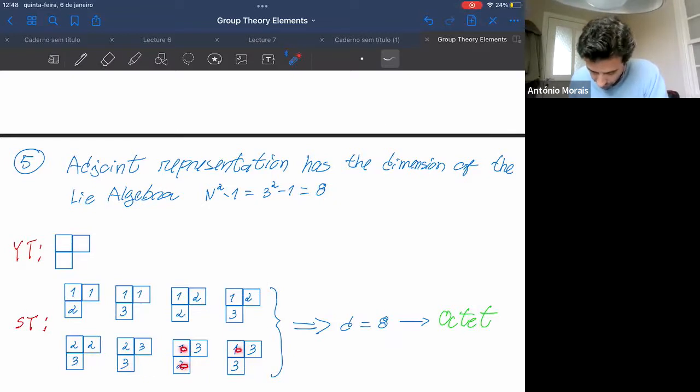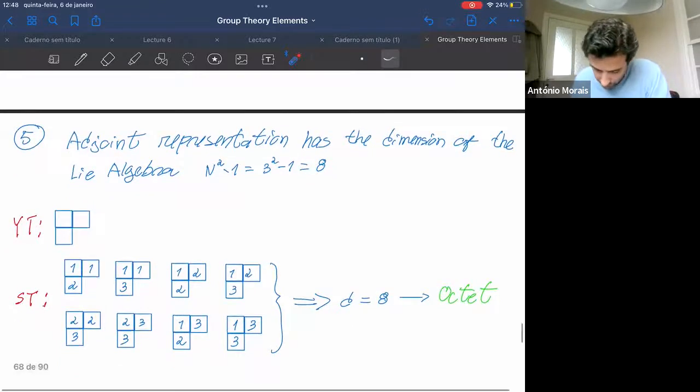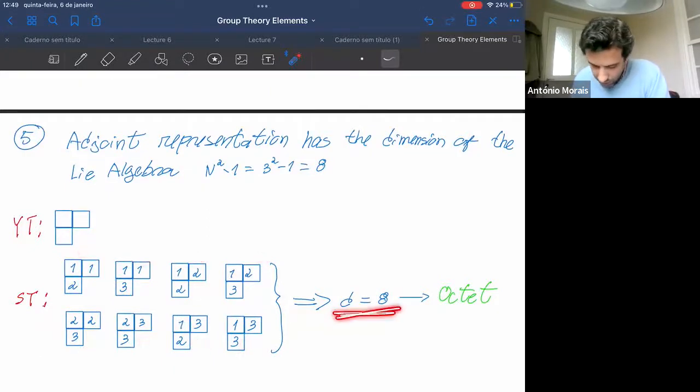Never repeated indices. But in the rows, you can have 1, 1; 1, 2; 2, 2; 2, 3; and 1, 3. And all possible standard tableaux that you build here, you count them, and this gives rise to 8. So the dimension of this Young tableau is 8.